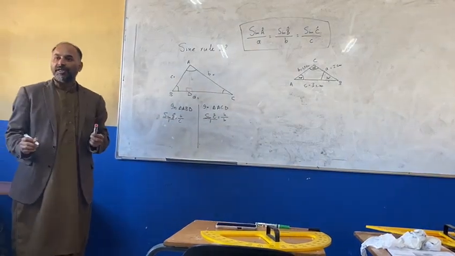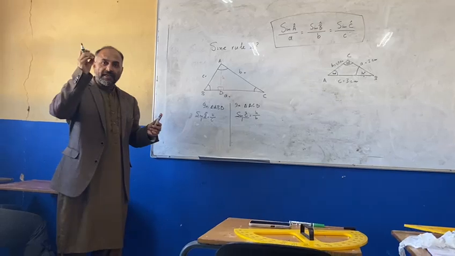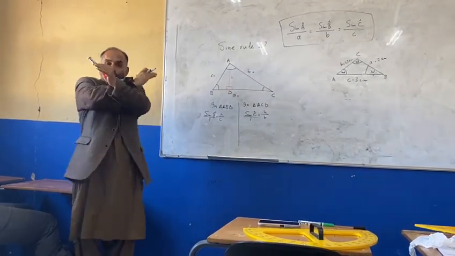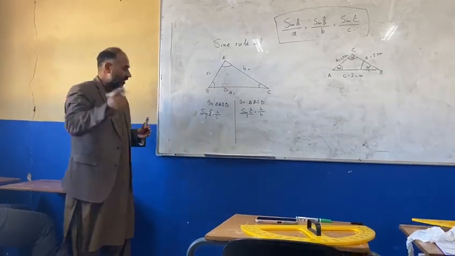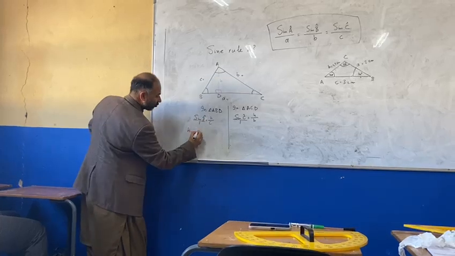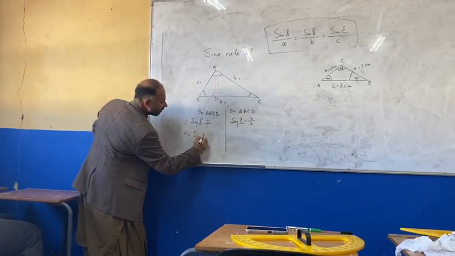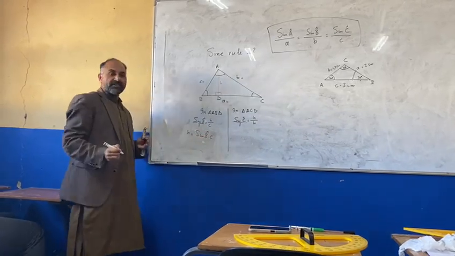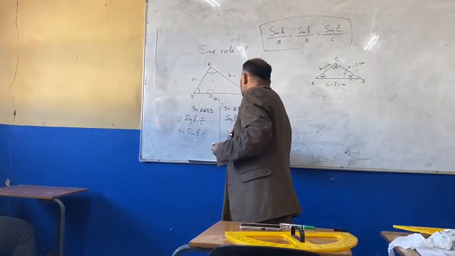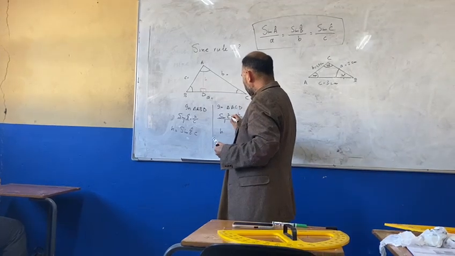I just want to, guys, cross multiply. Mathematical operation, two fractions. When there is an equal sign between two fractions, what do we do? We cross multiply. What do we get? Small h is equal to sine B times small c. Am I right? And on this side, if we cross multiply, what do we get?